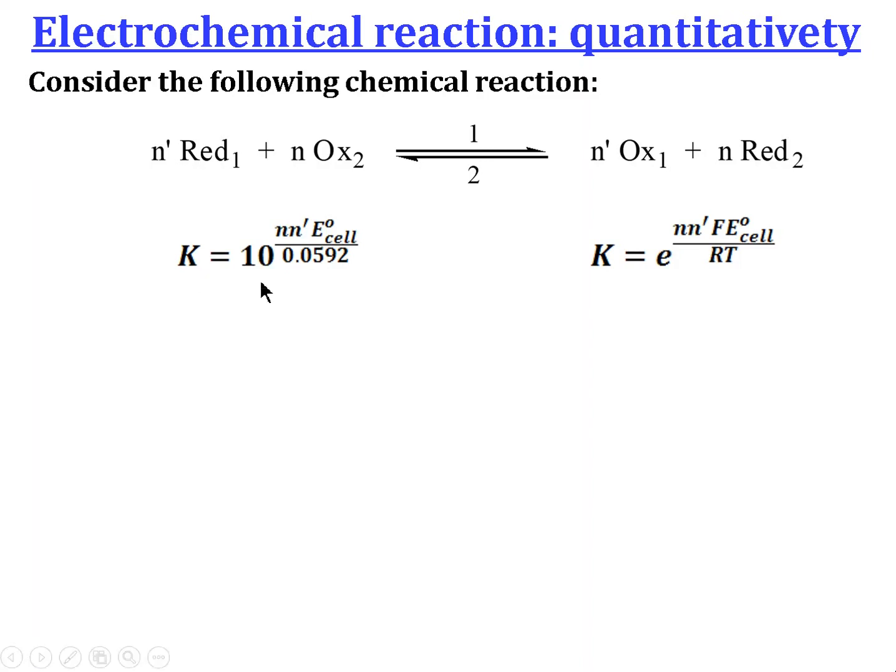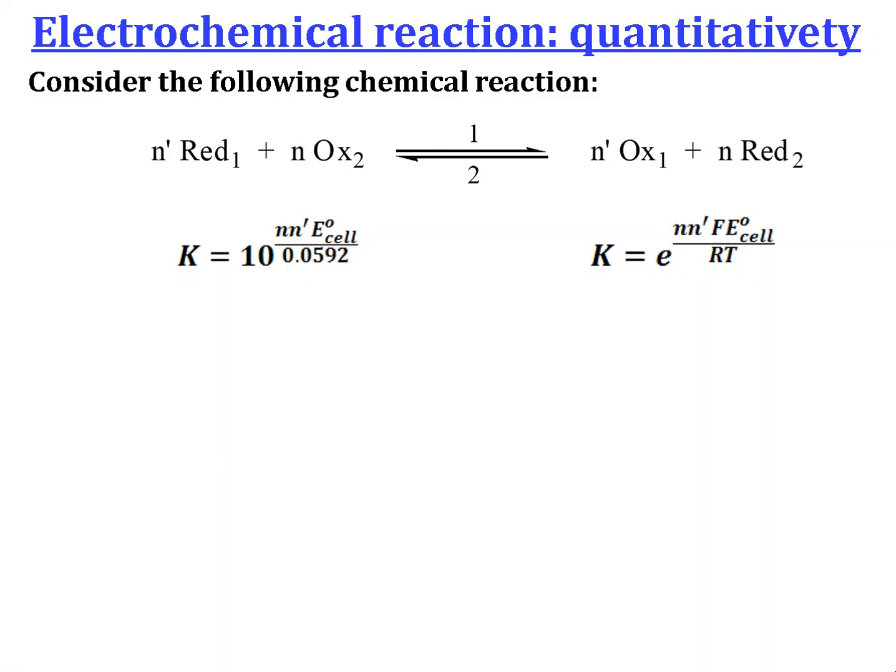If the temperature is 25 degrees, it's easier to use K equals 10 to the power the number of electrons exchanged in couple 1 times the number of electrons exchanged in couple 2 times E0 of the reaction divided by 0.0592. At temperature T, we can also write K equals e to the power n n prime F E0 of the cell divided by RT.